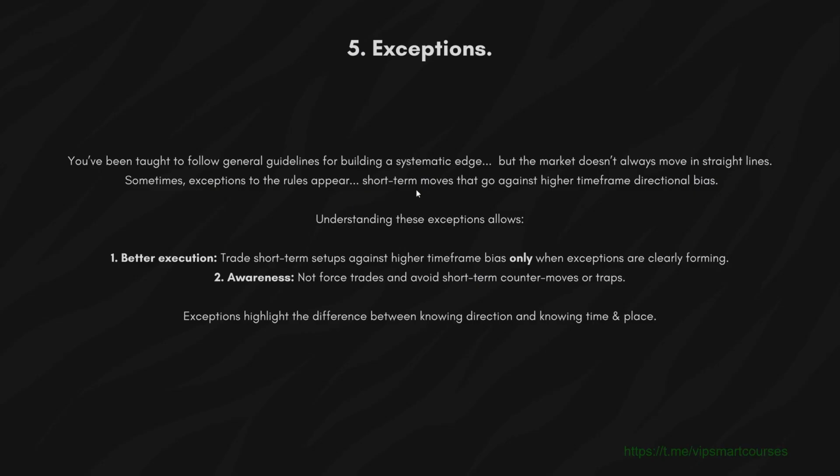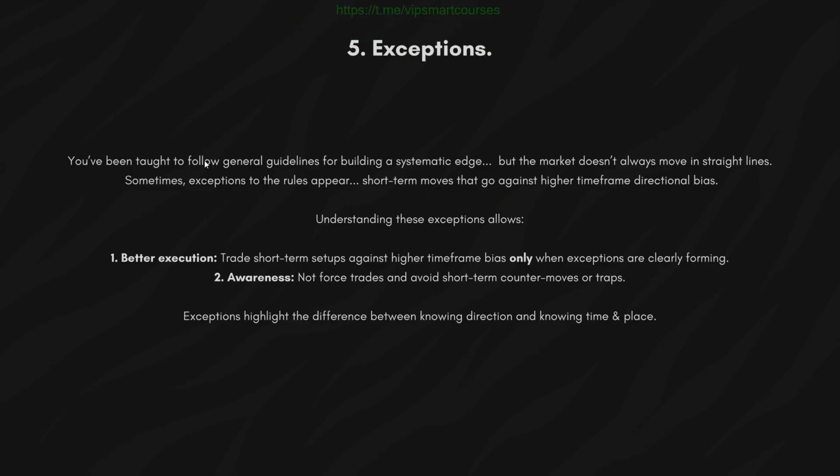A common example of this would be, let's say, the higher time frame directional bias for the week is bullish. The drawn liquidity on the weekly time frame is higher, and for the past 4 days price has continued to trade higher, from Monday till Thursday.